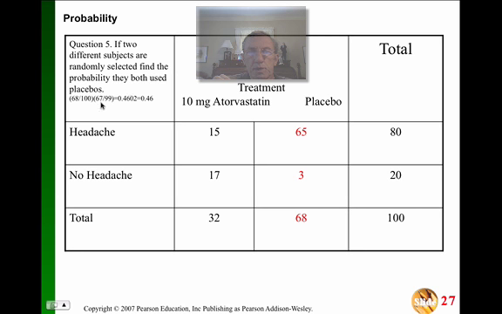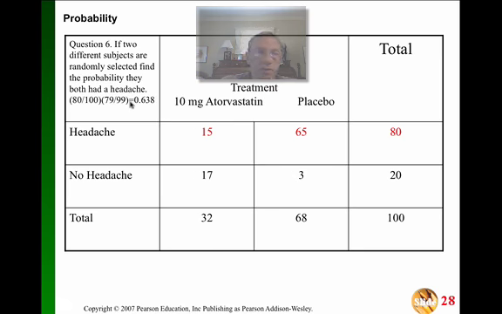That's reduced by one person, 67, because we already have one of the 68 in hand, over 99, one less than 100 people. So 68 over 100 times 67 over 99 is 0.4602, or a 46% chance that we'll get two people in a row with a placebo. That's the multiplication rule: the likelihood of the first, 68 over 100, times the likelihood of the second, 67 over 99.